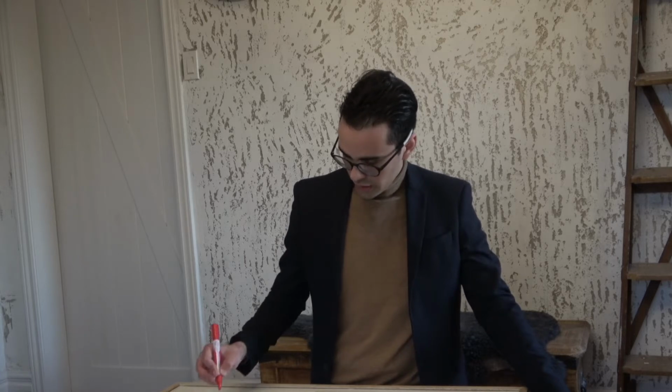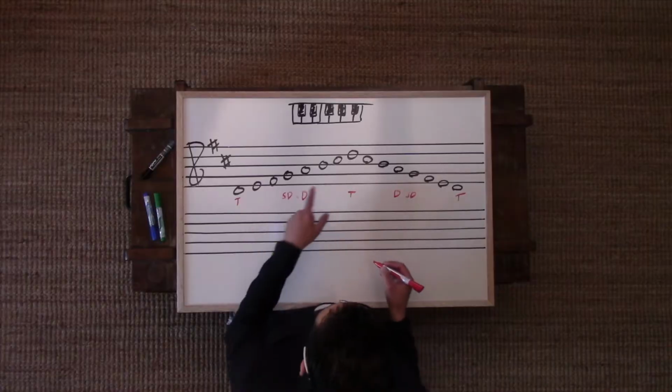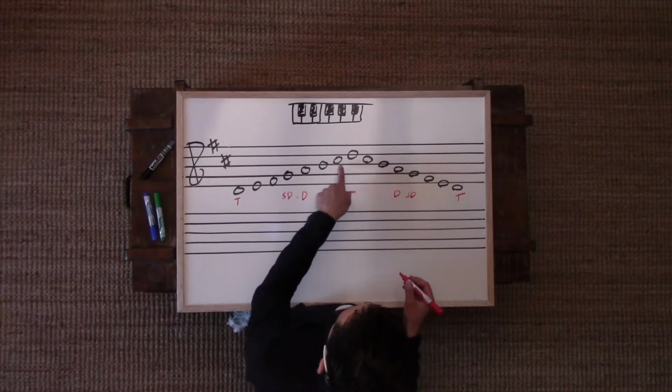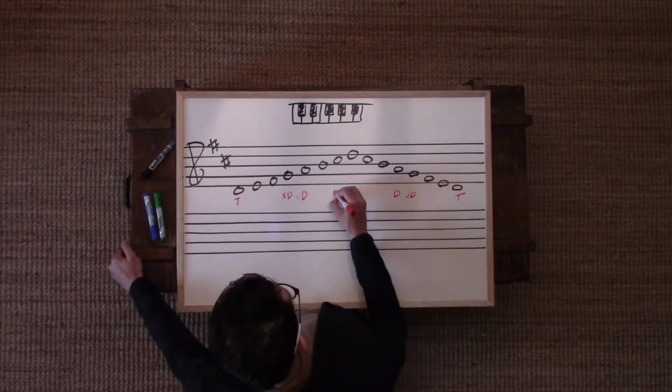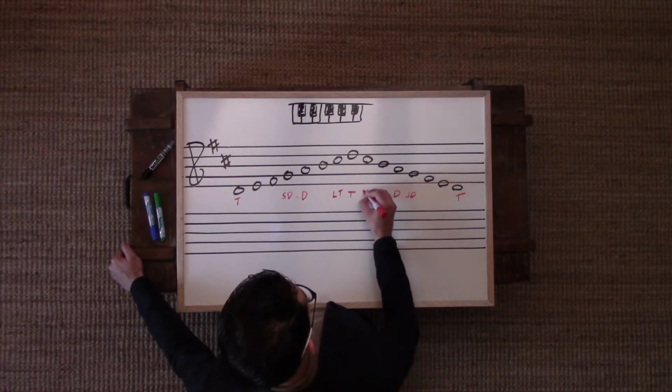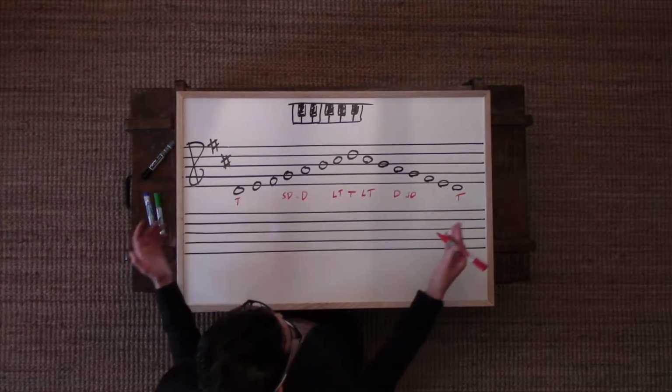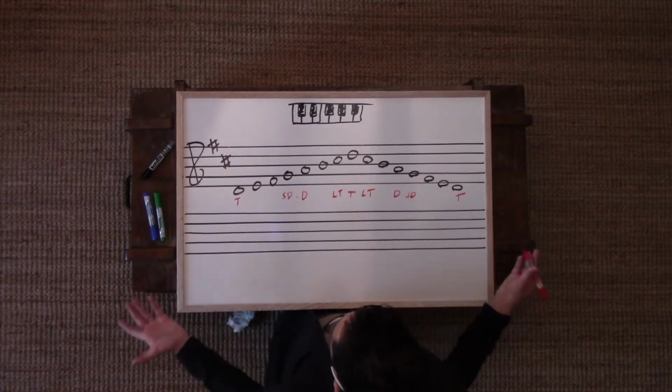A is the dominant of a D major scale. Write D for dominant. And the last one we learned is the leading tone, that's scale degree 7. Semitone underneath the tonic. There it is there, you can write LT for short. LT. So there's a D major scale with a key signature, and we labeled all the scale degrees.